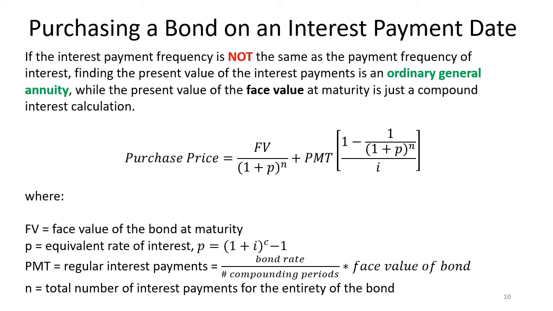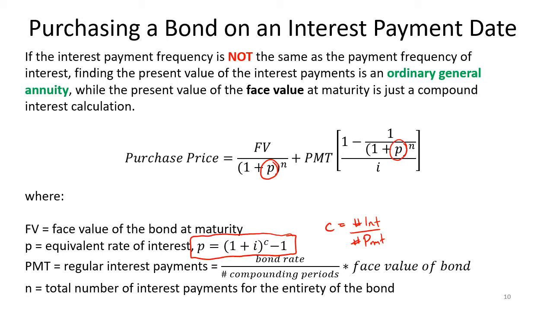Okay, so the only difference, again, is that you have to calculate the equivalent rate of interest, P. And it's the same formula that we've been seeing throughout this entire course. 1 plus the periodic interest rate to the exponent C minus 1. And C is again equal to the number of compounding periods divided by the number of interest payment periods. Okay, so it's the exact same version of the formula. So again, that's the only item that's changed.